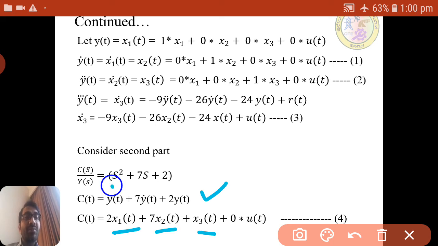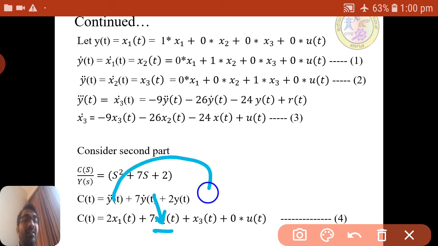Here the last term is x3 of t, and we have considered y of t equal to x1 of t, so this is 2 into x1 of t. The first derivative is nothing but x2, so 7 into x2 of t. For the second derivative there is no coefficient, so that is only x3 of t, and there is no input function, that is 0 into u of t.